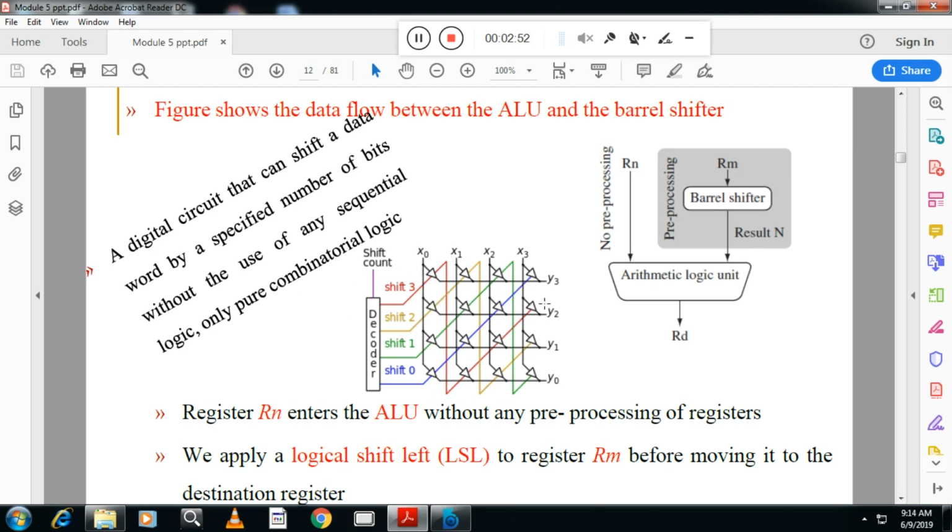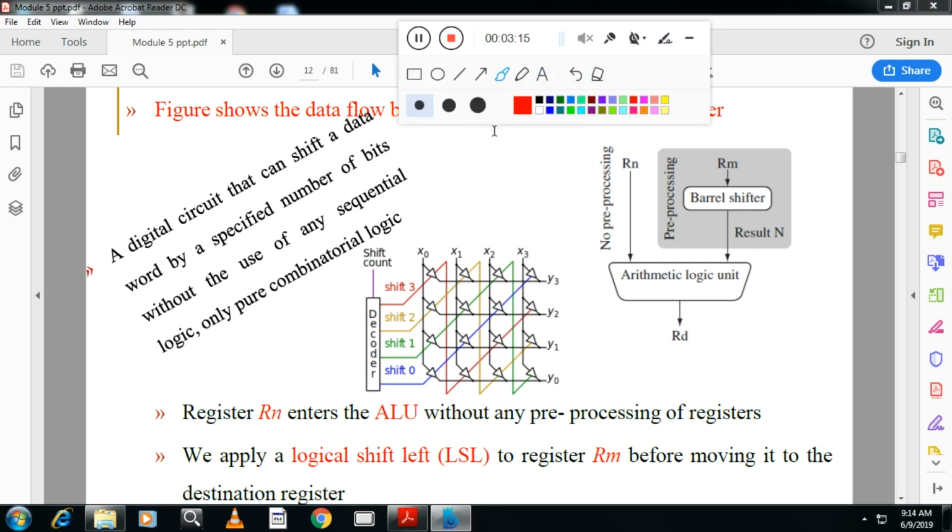So you can see a barrel shifter. What will the barrel shifter do? It will take one of the operands and shift it either left or right. When you do the left shift, it is called multiplication. When you do the right shift, it is called division. For example, let me write one binary pattern here: 0 0 1 0.